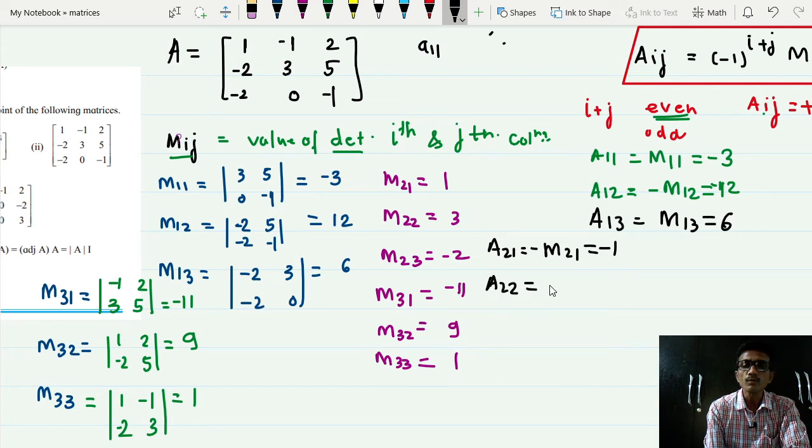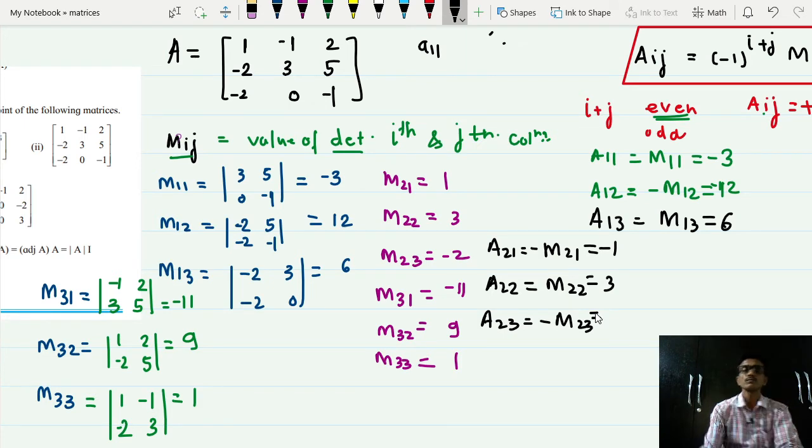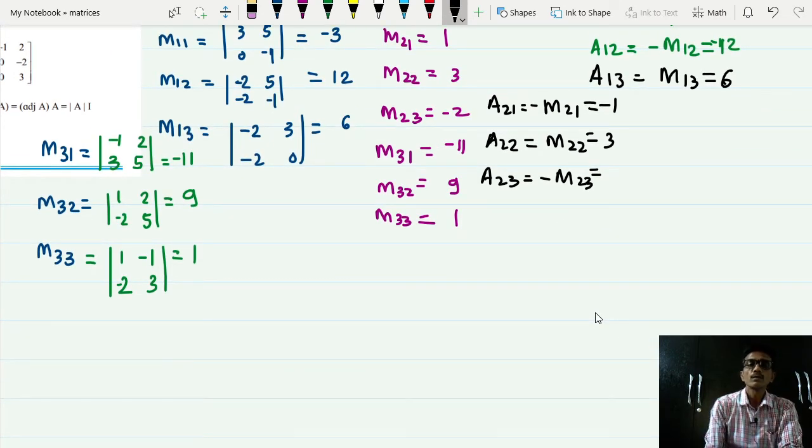A22 is equal to M22. What is M22? It is 3. A23 is odd, so it is negative, minus of M23, and M23 is minus 2, so it will be plus 2. Then A31 is equal to M31.